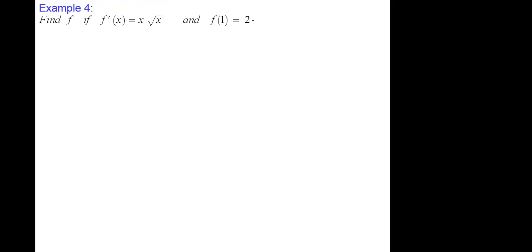Find f if the derivative is given, x root x, and the value at 1 is 2. That means you can see I do have a point on my graph, which means I will not be adding a constant c at the end. I mean, I will have a specific, unique function.